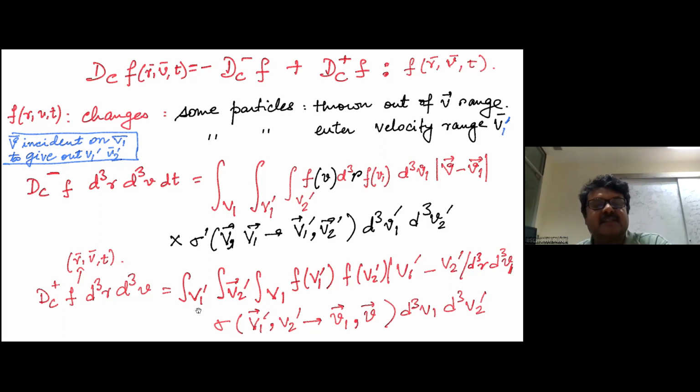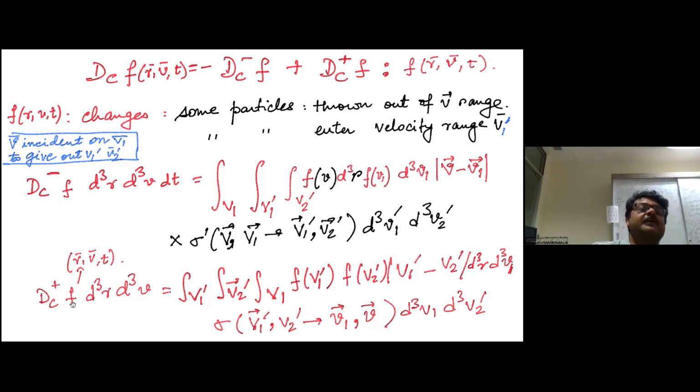You are basically integrating again over v1 dash, v2 dash, and v1. And at the end, this is going to contribute to a positive increase in the value of f(r, v, t).